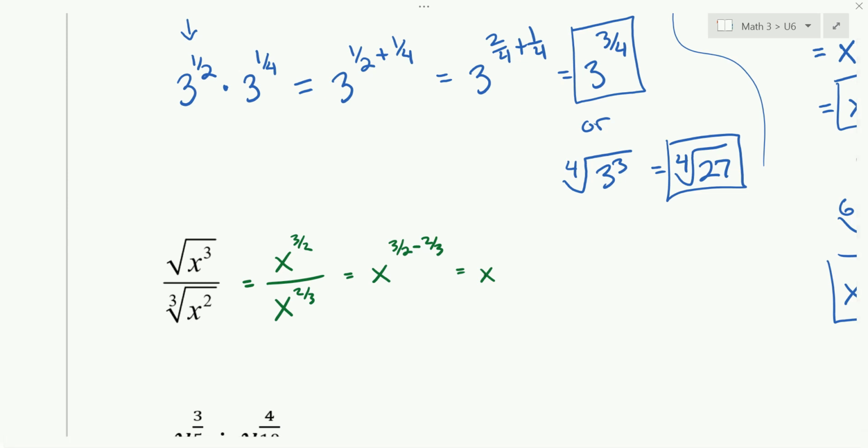So the first fraction, you multiply numerator and denominator by 3. You get 9/6. Second fraction, you multiply numerator and denominator by 2 and get 4/6. And now we can subtract and get x to the 5/6, which is the same thing as the 6th root of x to the 5th power.